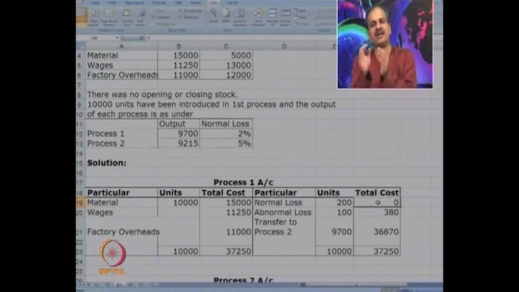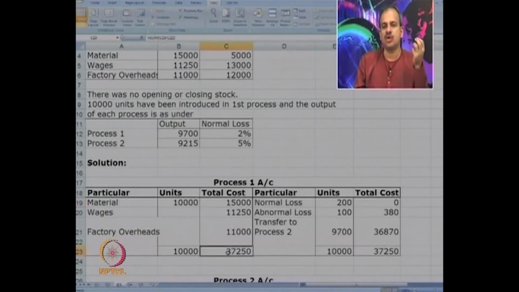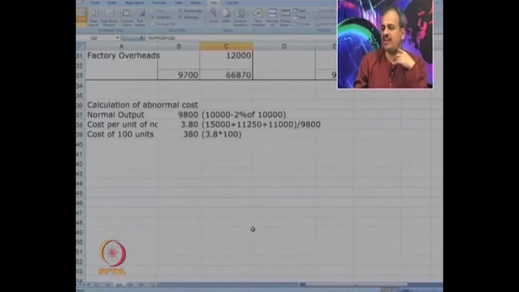So 10,000 minus 200, my output should have been 9,800, for which I will charge a cost of 37,250. So using this, try to calculate cost per unit, and then that can be used for calculation of abnormal losses and the transfer. I will show you how it can be done.